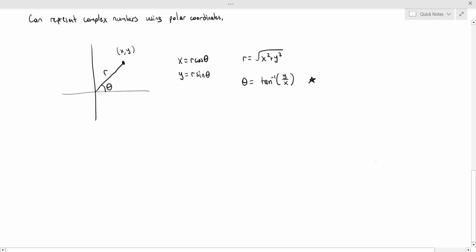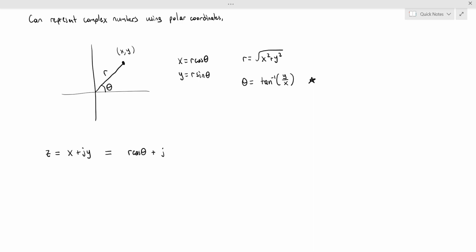Okay. But if we have a complex number z equals x plus j times y, using polar coordinates, we can say that x is r cosine theta. So we have x plus j times y, and then we know that y is r sine theta in polar coordinates.